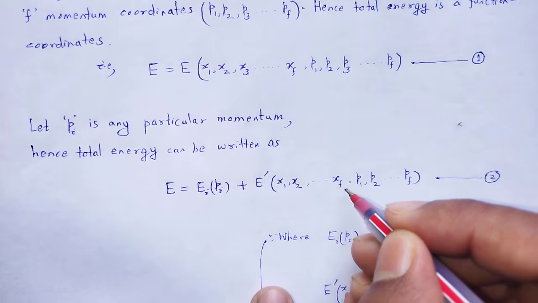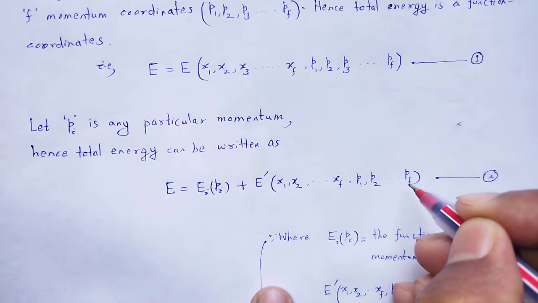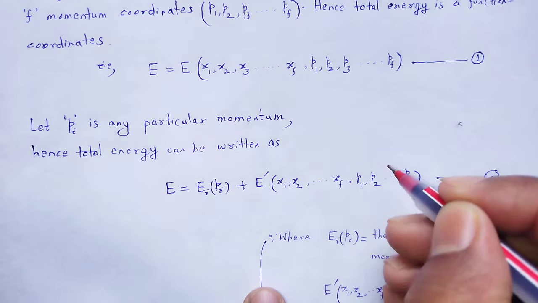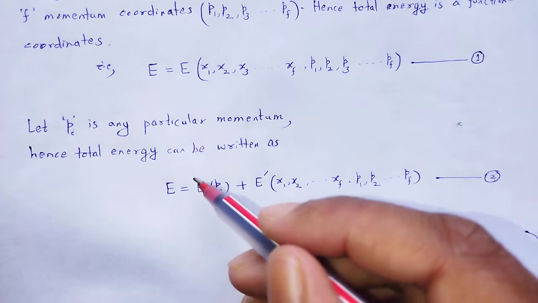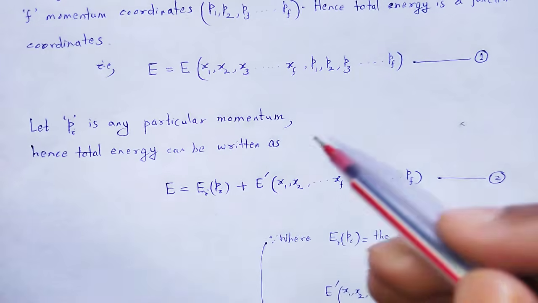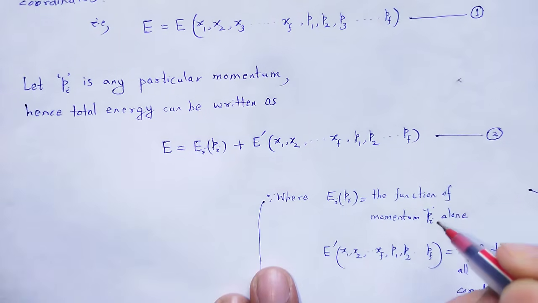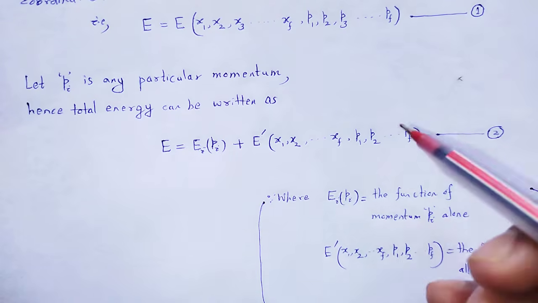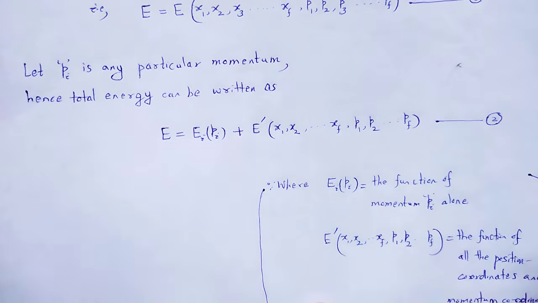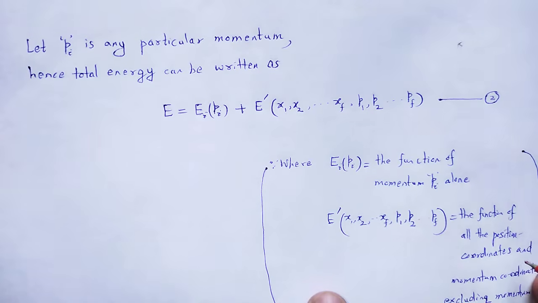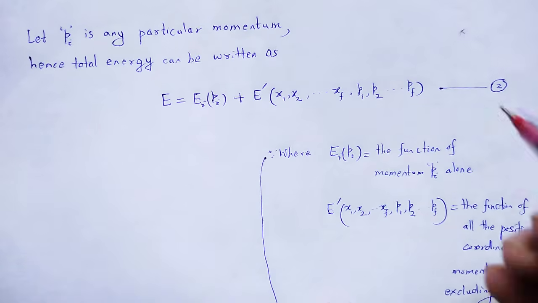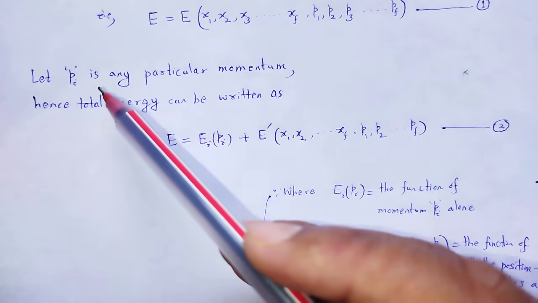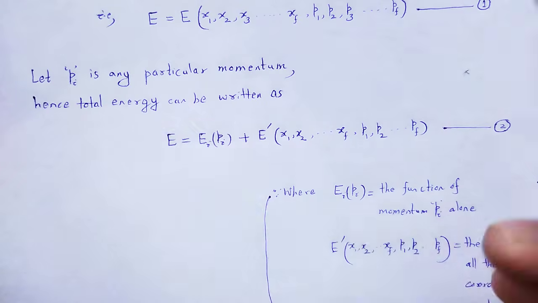In E dash we exclude the ith particle's energy, meaning ei is a function of the momentum pi alone, and E dash is the function of all the position and momentum coordinates excluding the ith particle having momentum pi.